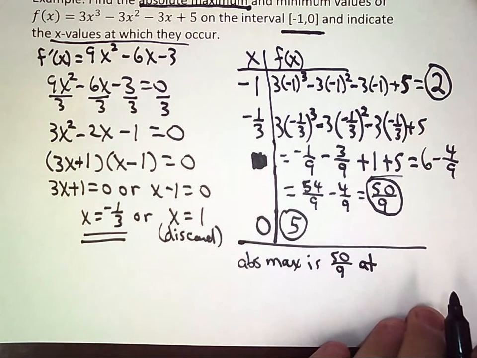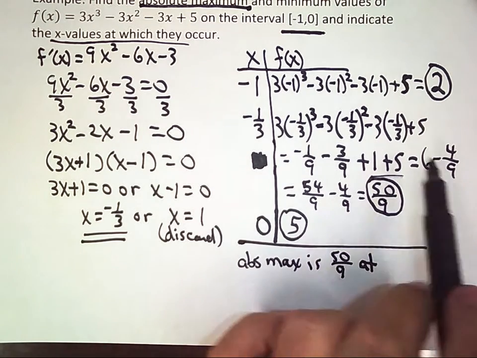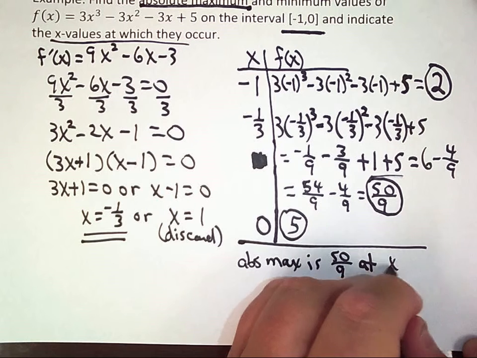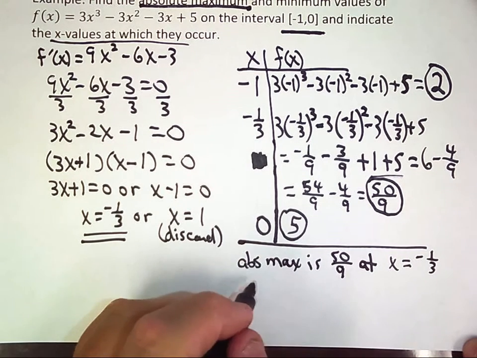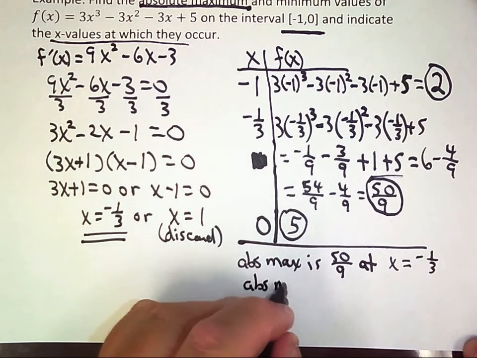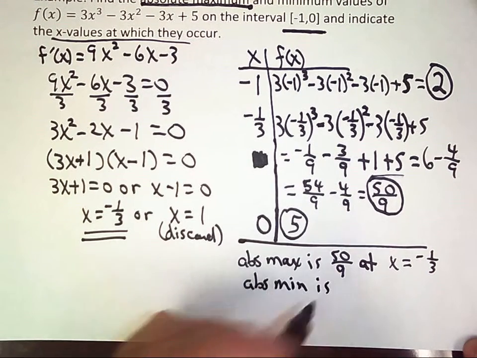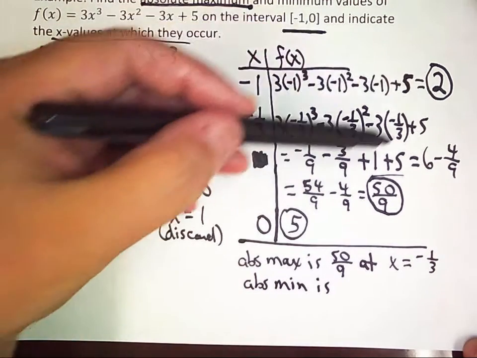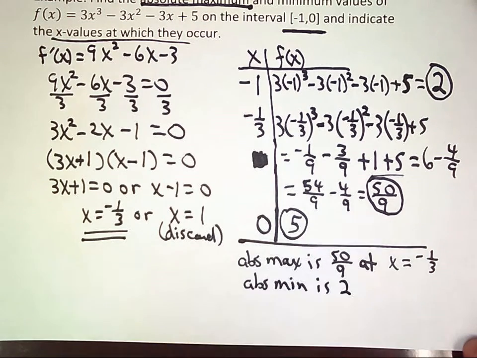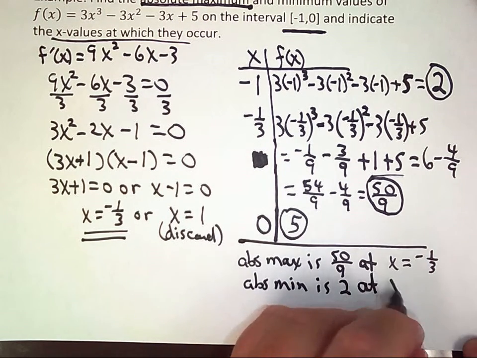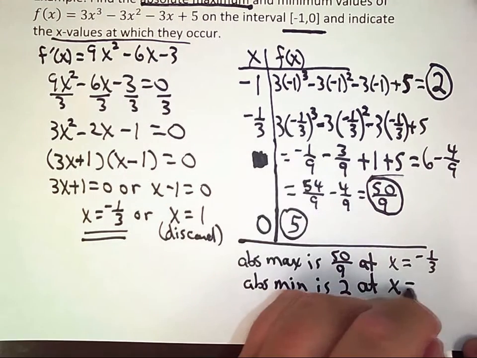So 59/9 at x equals -1/3. And then there's an absolute minimum. And that absolute minimum is the smallest number. Well, the smallest number is obviously 2. So there's an absolute minimum of 2, and it occurs at x equals -1.